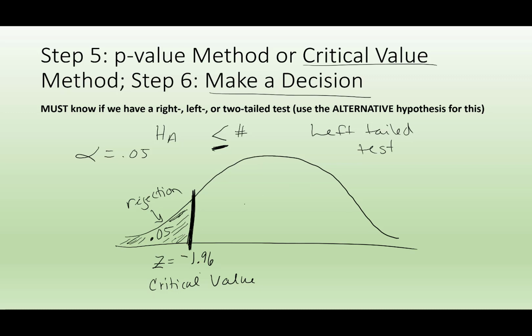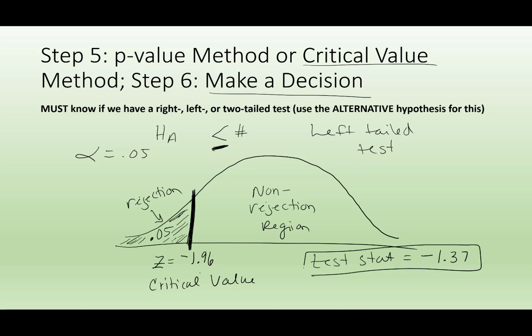This other area, think of this as the non-rejection region. So what we do is we take our test statistic. So let's say that our test statistic from step 4 was negative 1.37. And what we do is we take this value and we compare it to our critical value.